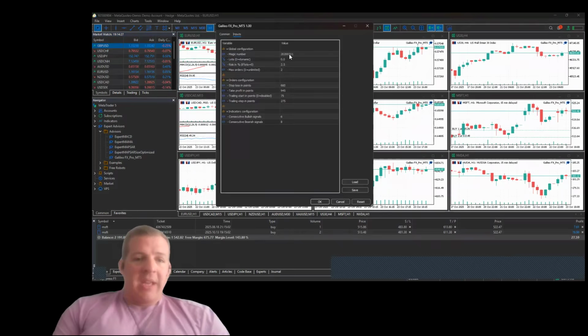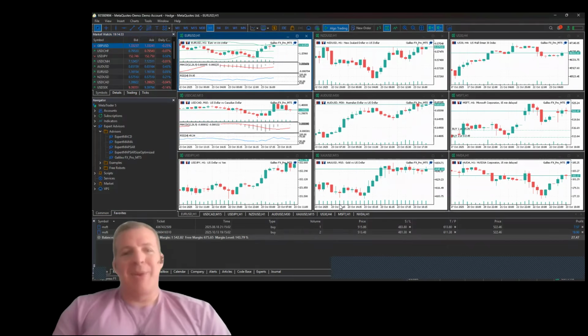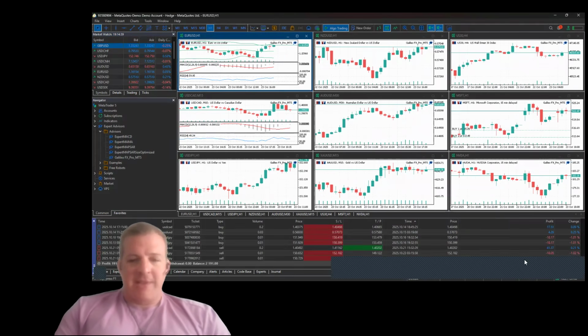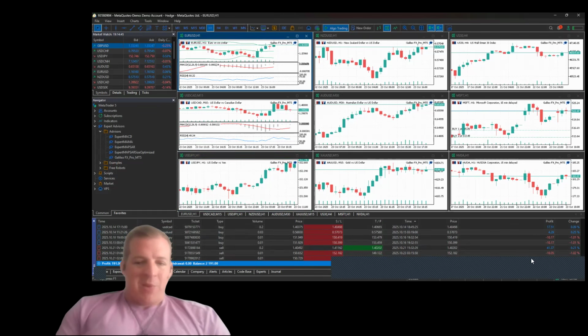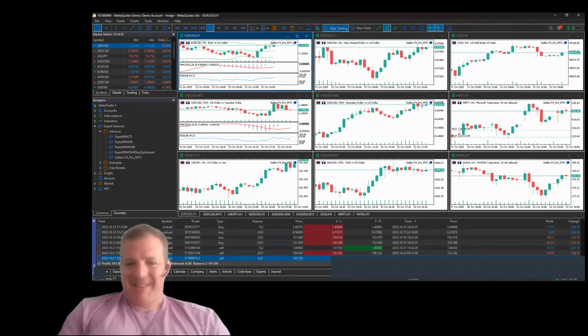So if you load in and you're working with a setting or a strategy and it's horrible, let's say you put something in random and it doesn't work, you can make adjustments and you can see how it would work. You can even see down here in my trades. I've lost a couple recently, but I've also had winners and my bot's done really well. It's up 246 bucks on a $2,000 account over the past couple weeks. Nothing crazy, just nice small gains. That's the game.